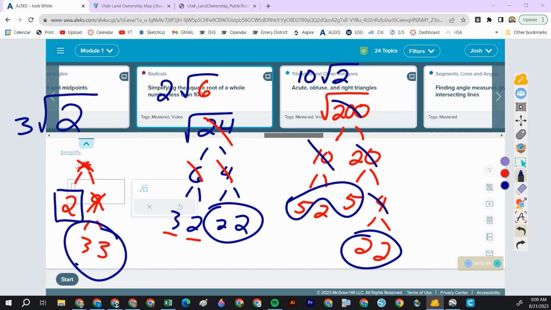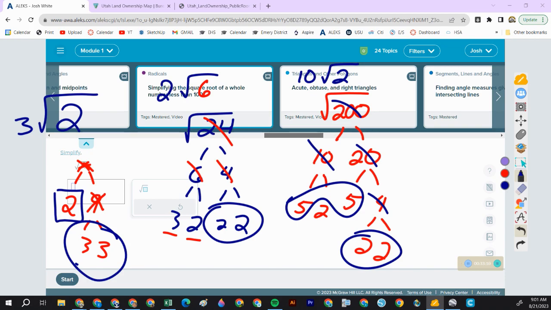Now, there are a series of numbers that you can simplify the square root and you don't end up with a square root. Can you think of a number I can take the square root of and get a non-square root answer? What number can you square root and get a whole number? No, the square root of 2 is the square root of 2.